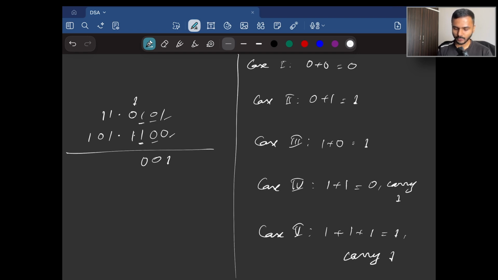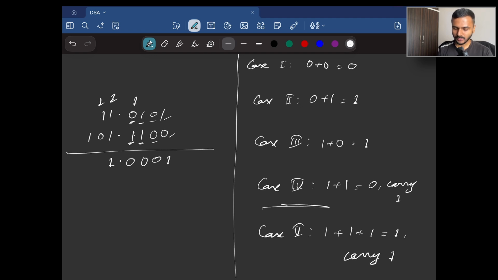Then this becomes 0 and 1, which is 1. And 1 and 1 is this case, which we know is 0 with a carry of 1. And now we have got the last case here, which is 1, 1, and 1. And we know that this will be 1 with a carry of 1.